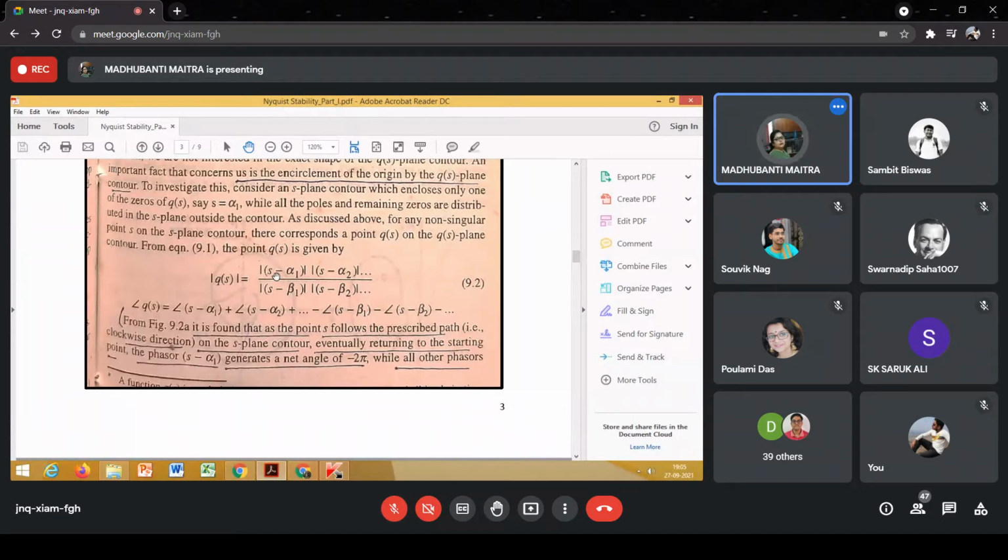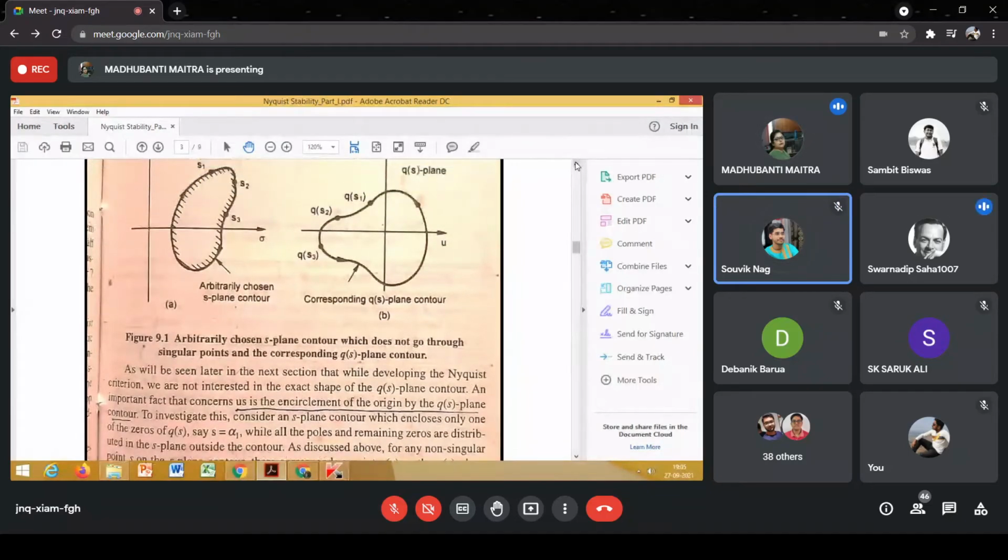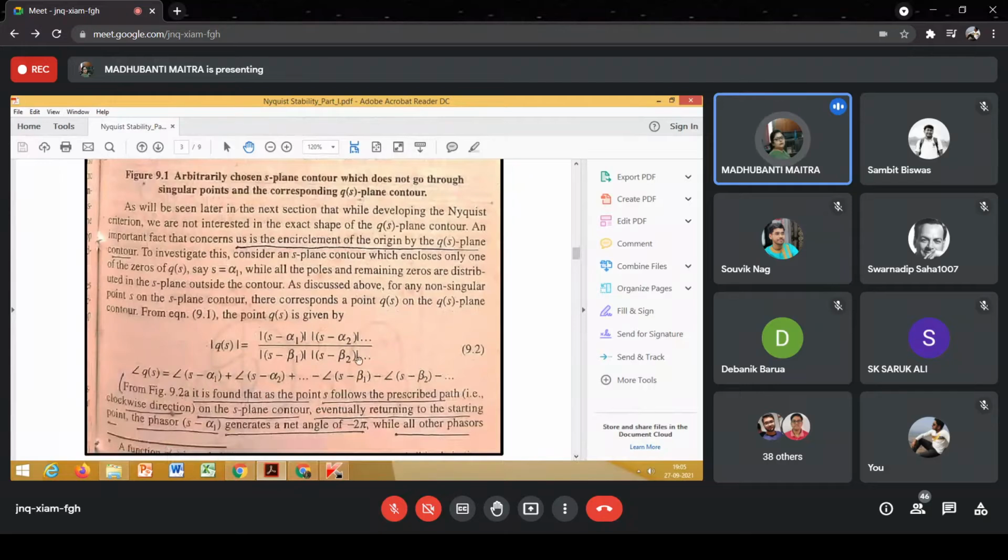Do you agree? On the Q(S) plane, you see this is one Q(S) vector, and this phasor length will be influenced by this equation.